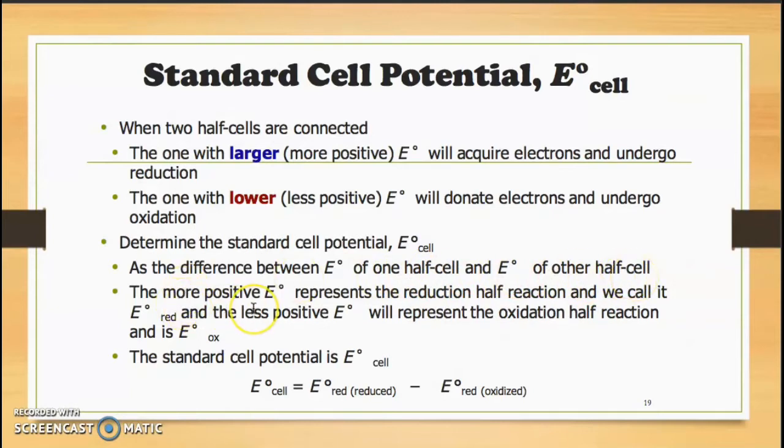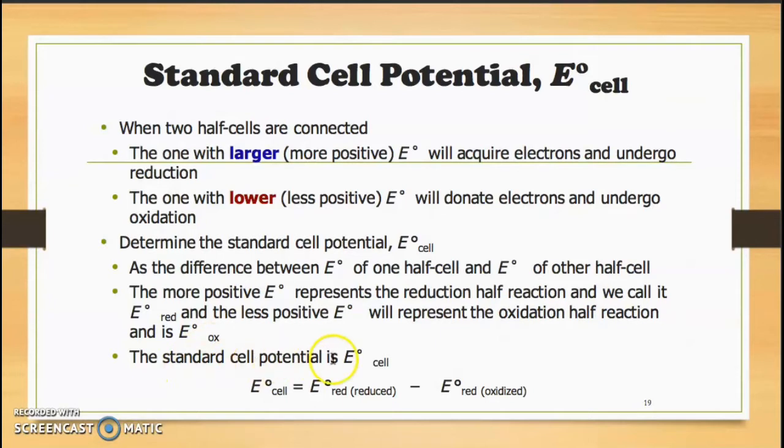The more positive SRP represents the reduction half reaction, and we call it SRP reduction, and the less positive SRP represents the oxidation half reaction, SRP oxidation.